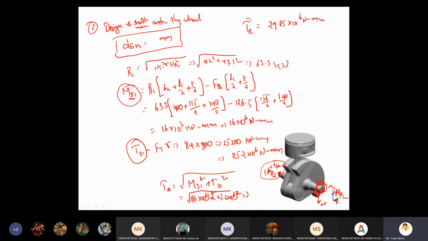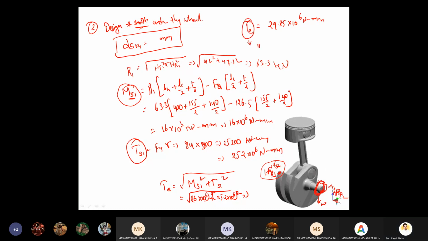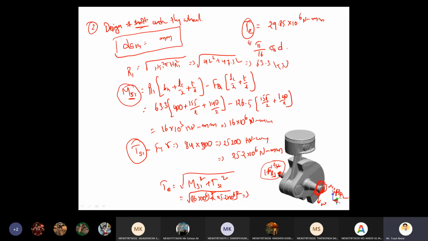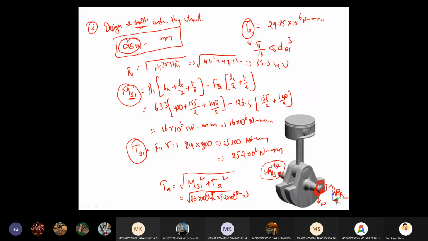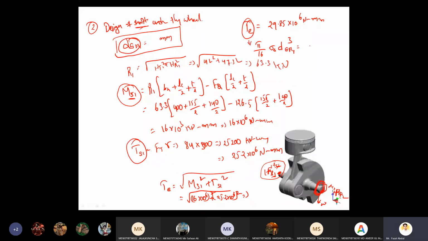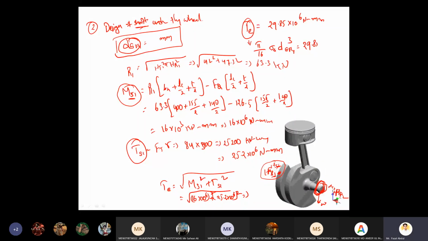So what is TE? The equivalent twisting moment, the torque on the shaft, is pi by 16 into sigma s into DS1 cube, that is D flywheel, equal to 29.85 into 10 to the power of 6. So this one is a constant.